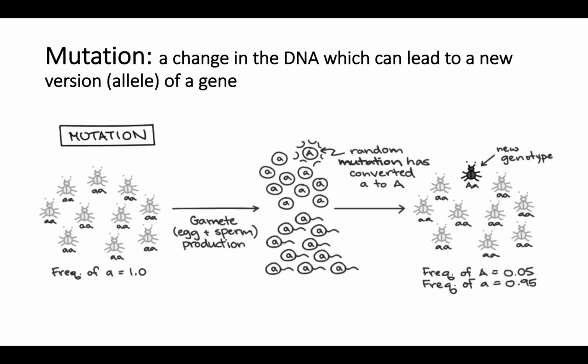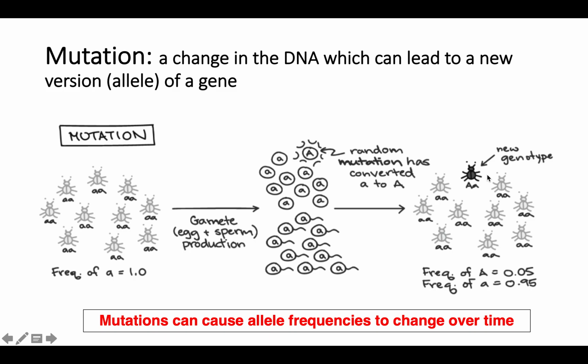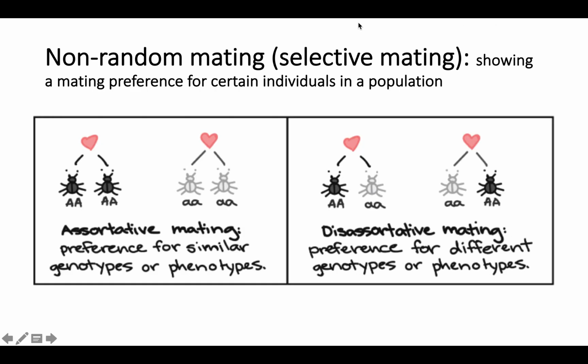So mutation, a change in the DNA which leads to a new version of a gene. So for example, in our little bugs here, we have a random mutation that changes an allele, and now you have a changing allele frequency. So mutations can lead to allele frequencies changing over time and therefore evolution. Non-random mating, aka selective mating.